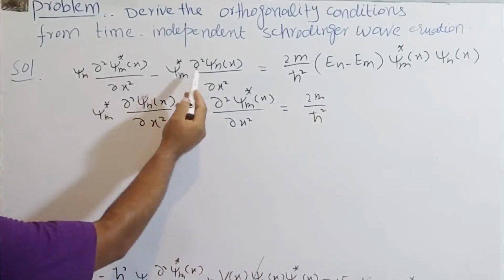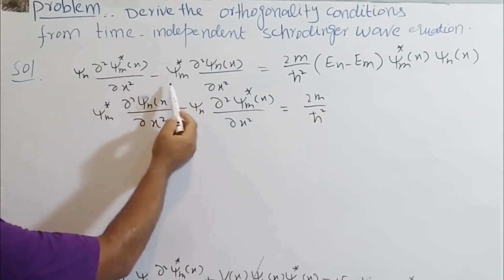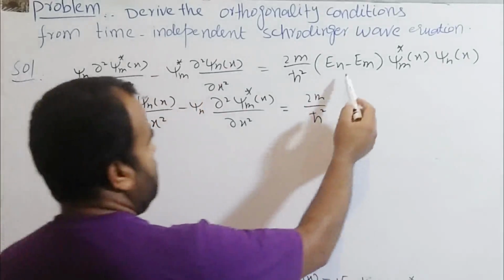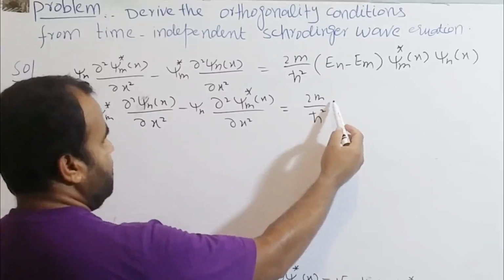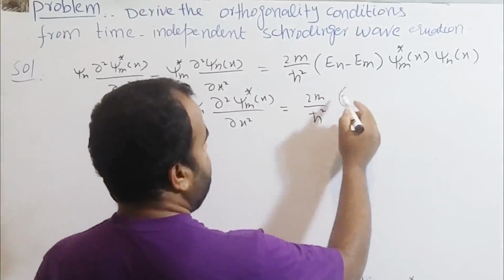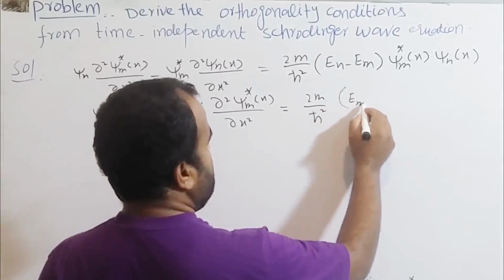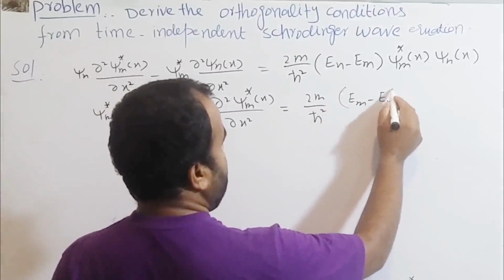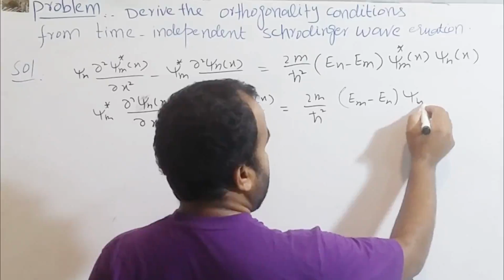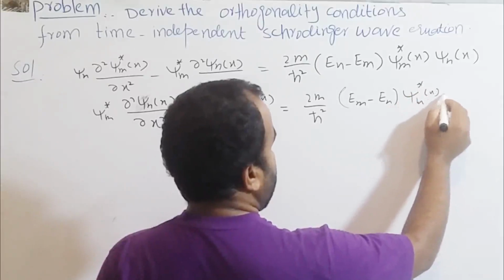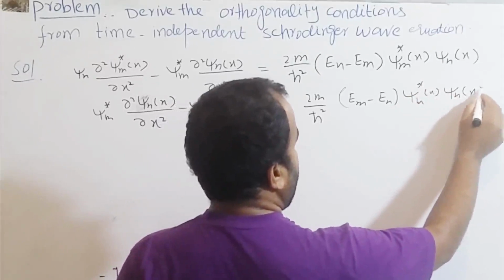Since we interchange and the negative term we write first, here we also change En minus Em. It is just like we write first Em minus En, ψm* of x ψn of x.